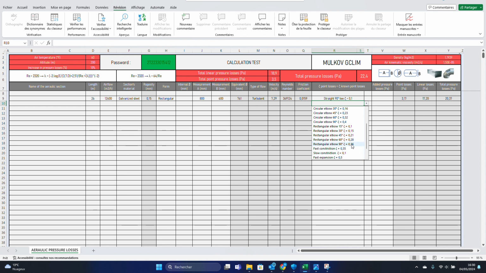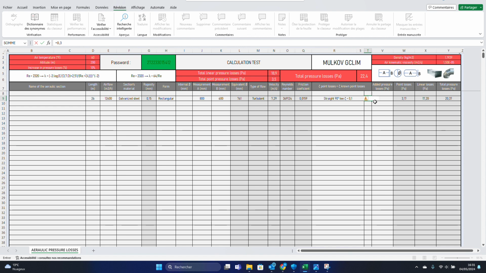So we can see that it's a zeta of 0.36. And we can directly mark there the addition of these three zeta, so 1.08. And the calculator now can know the point losses. It's 37. So that was the section 1.